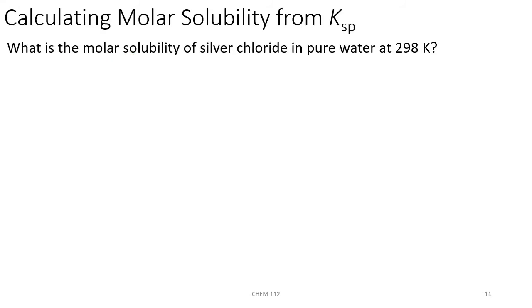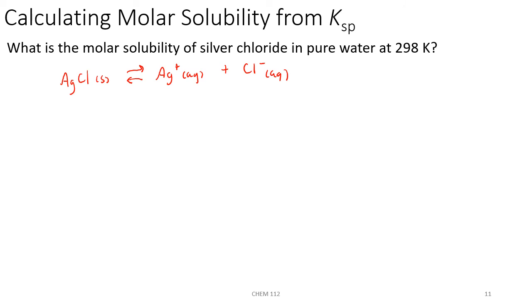The other thing that we can do is calculate the molar solubility of a slightly soluble salt from a known KSP value. What is the molar solubility of silver chloride in pure water at 298 Kelvin? Starting with writing our equation for silver chloride dissociating into its ions, solid silver chloride will break up into aqueous silver ions and aqueous chloride ions.